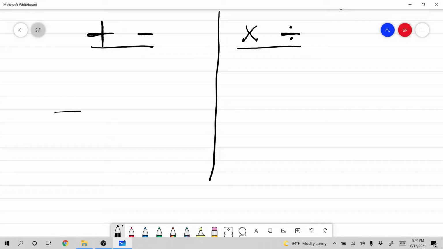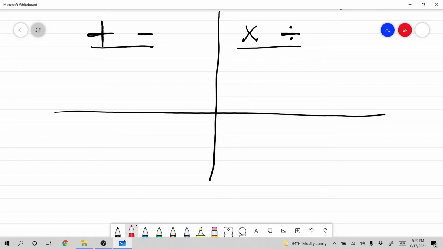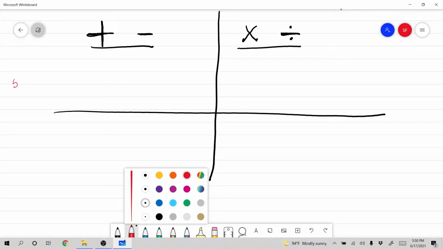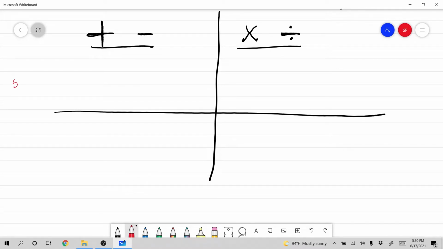We can divide this into a grid because we have 2 options for adding and subtracting or multiplying and dividing. We have same sign, so if they're both positive, or they're both negative. If they have the same sign, then one thing happens.